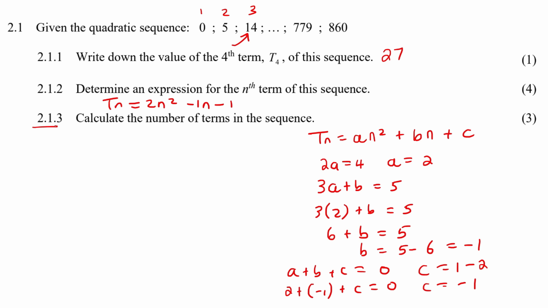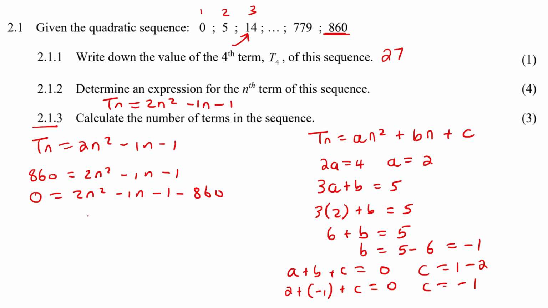This last one says, calculate the number of terms. So we know our formula now. We know that the last term is 860, so we can say that 860 is equal to this. And now we're going to work out the position of the 860. Because that's the last term, it'll also be the number of terms in the sequence. So here I'm going to put a 0 over here, take that all over, minus 861.